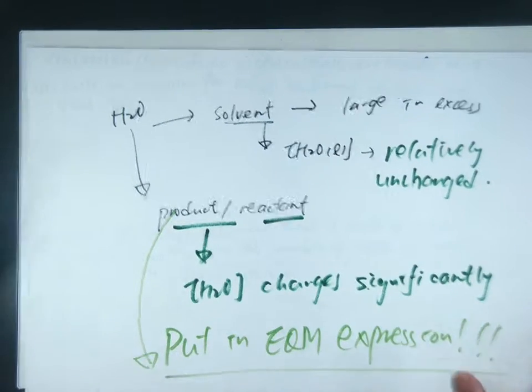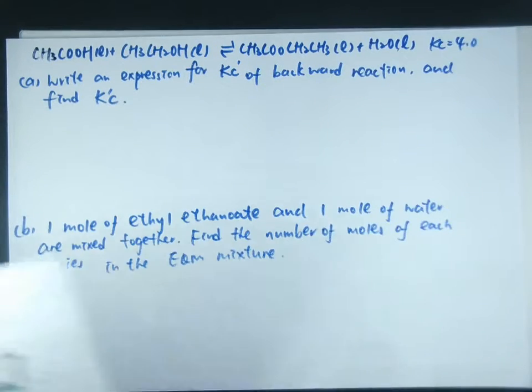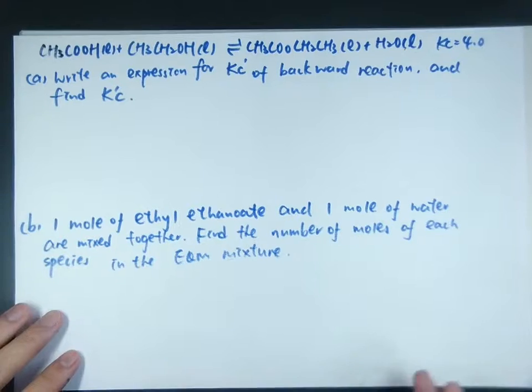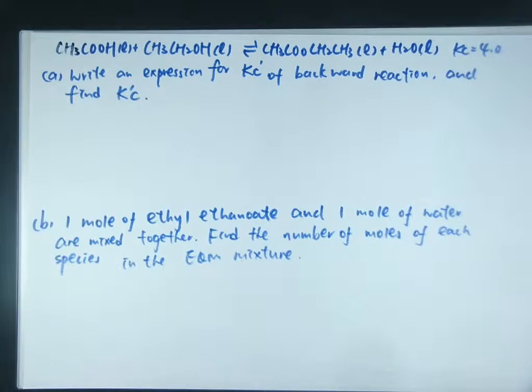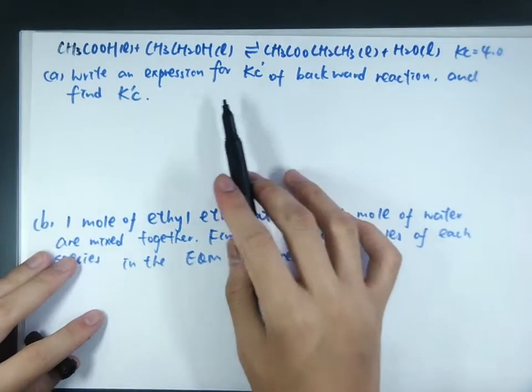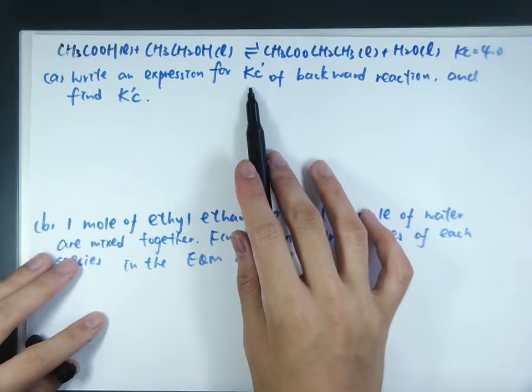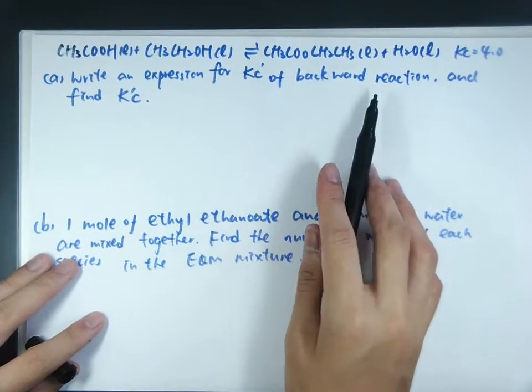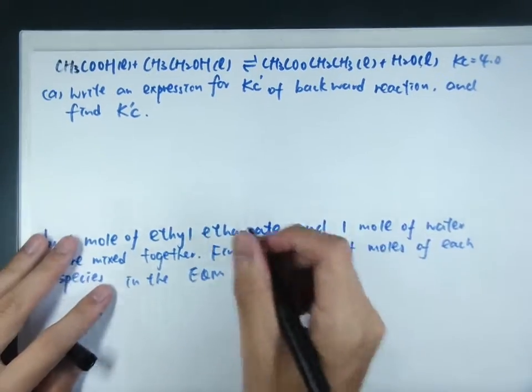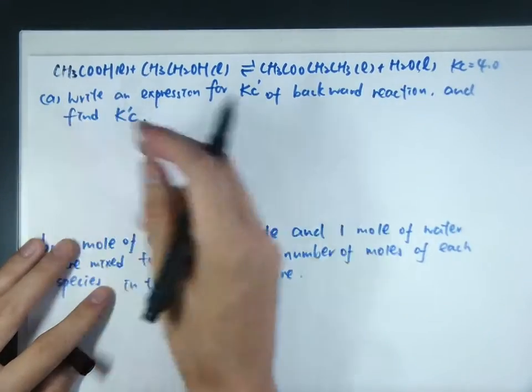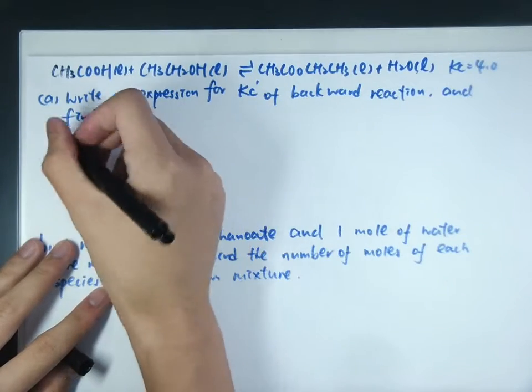So now let's look at this question. This question would be class practice 40.7, okay? Now the question asks us to write an expression for Kc prime of the backward reaction. So for the backward reaction, it would be like this.